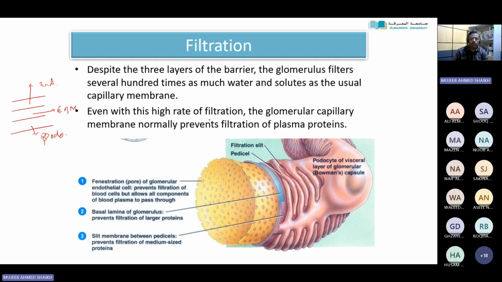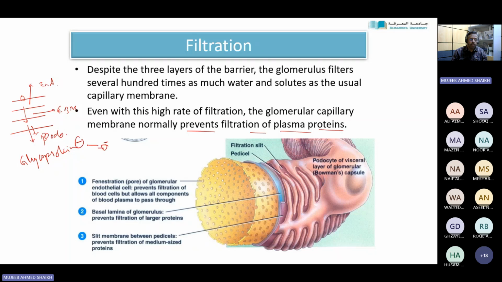Even with this high rate of filtration, the glomerular capillary membrane prevents filtration of plasma protein. Why? Even though there are holes and filtration slits, it has a negative charge. Yes, as we have seen, it is made up of glycoprotein, which is protein in nature, so it is already negative in charge. And the plasma protein is also negatively charged.